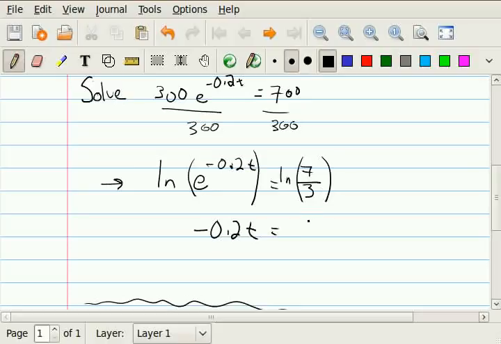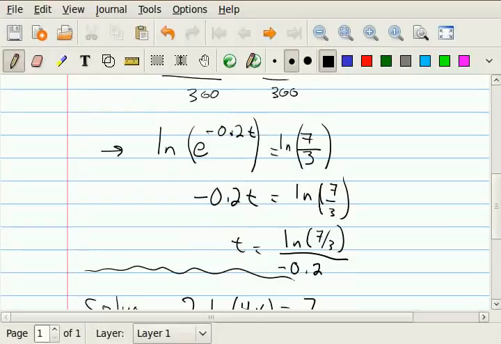I don't know what it is, but I can find it on the calculator. So what we do know is that negative 0.2t is equal to natural log of 7/3, which means t is equal to natural log of 7/3 divided by negative 0.2. Right, I can just divide that coefficient of t over to the other side.